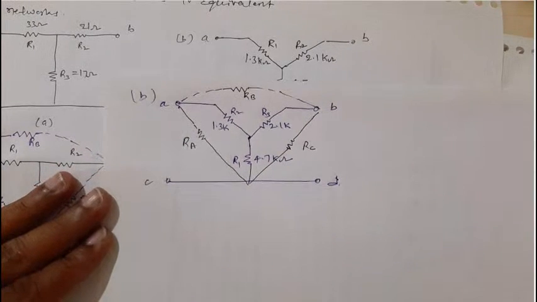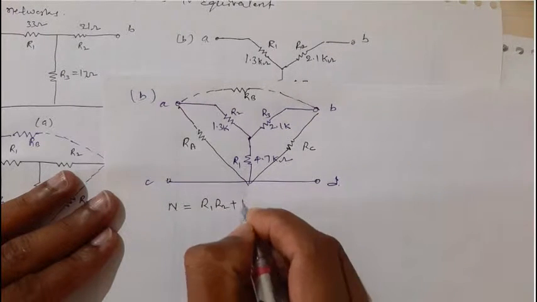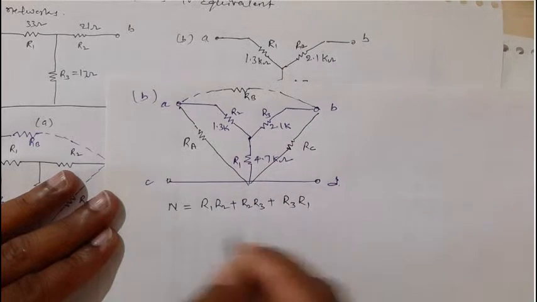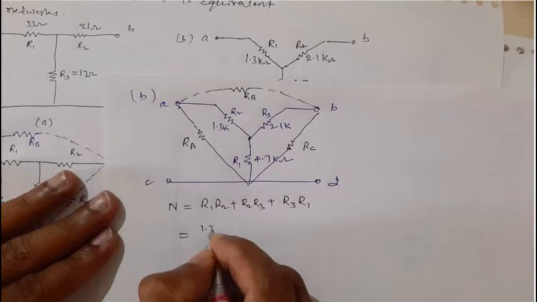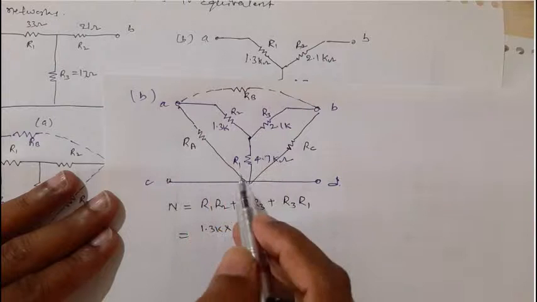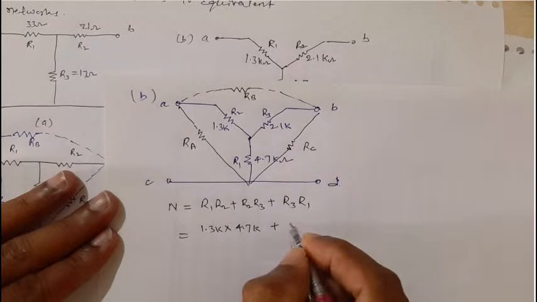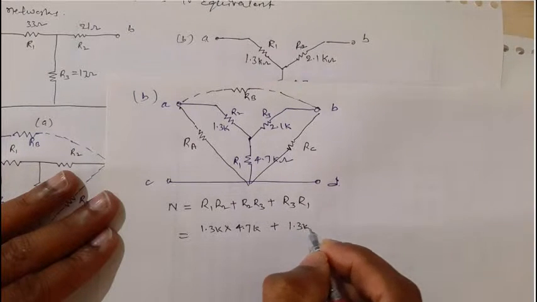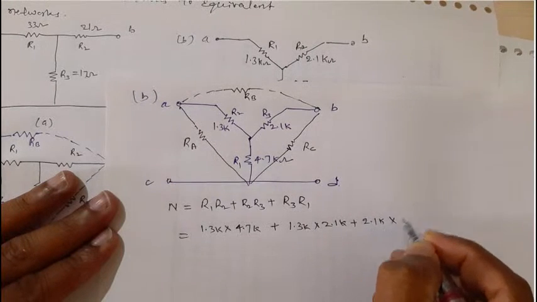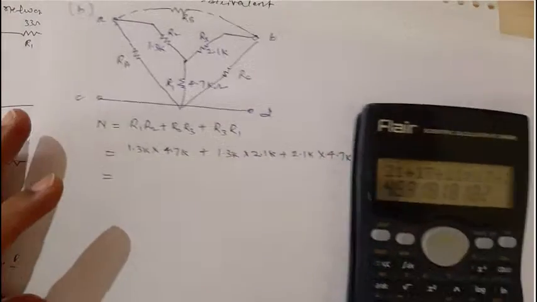One more method I use: the numerator is equal to R1 R2 plus R2 R3 plus R3 R1, which is 1.3 K into 4.7 K plus 1.3 K into 2.1 K plus 2.1 K into 4.7 K. Once you can calculate this, another method I am just telling you to remember.